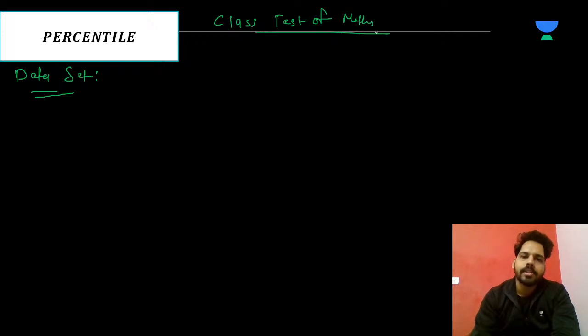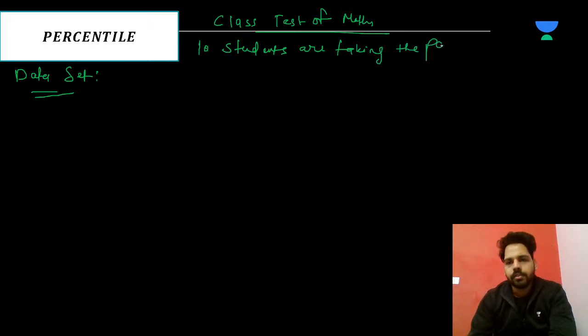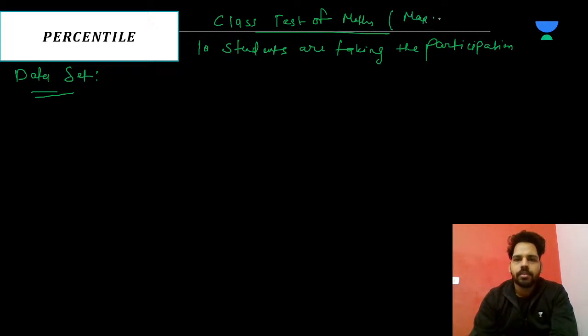I have conducted a class test of maths, and in this test, just suppose 10 students have taken participation. And I'm writing the maximum marks. Maximum marks is 20.